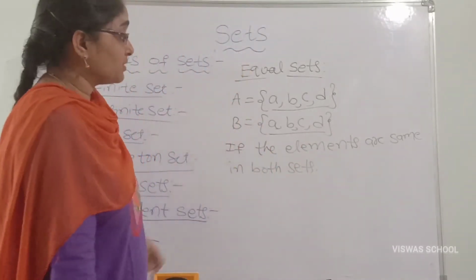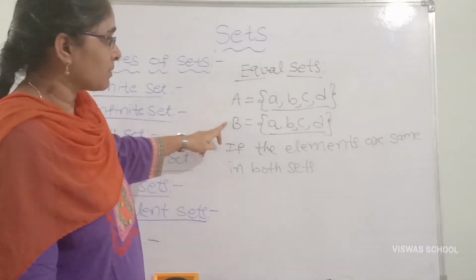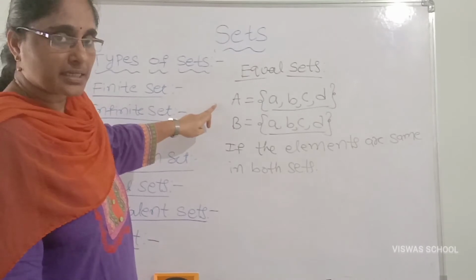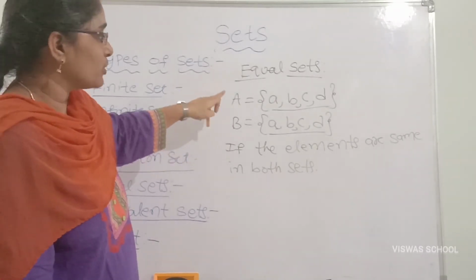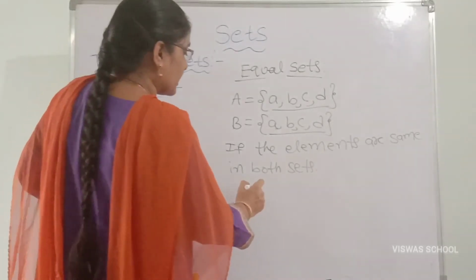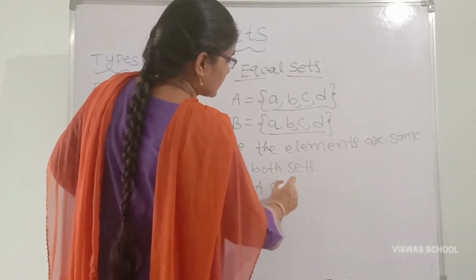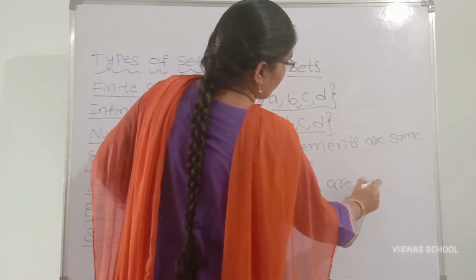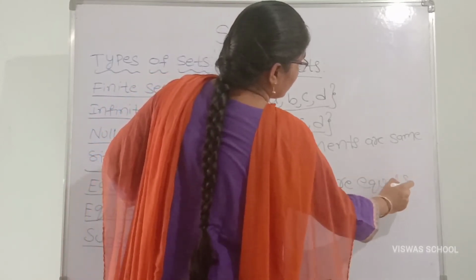Both sets means we are having A and B sets. If A and B are two sets and those sets are containing the same elements, then we say that A and B are equal sets.